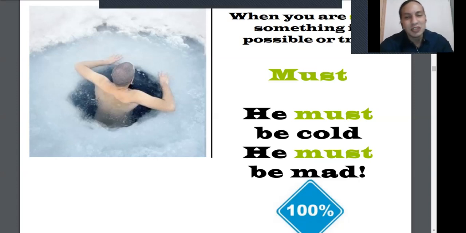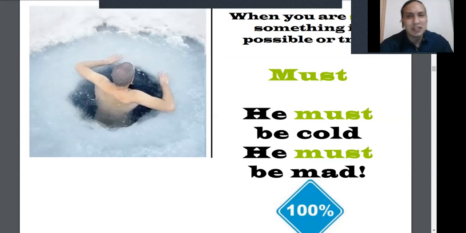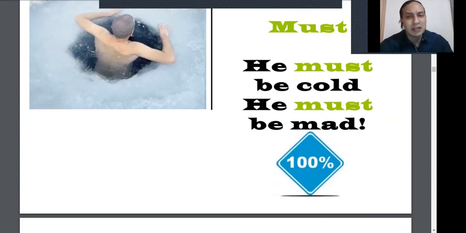So in English, we use it in both ways. So depending on the situation, it is understood. Like in this case, it is understood that he is not angry. It is understood that he's saying he must be mad, as in he must be not in all his senses to do something so bold and crazy.